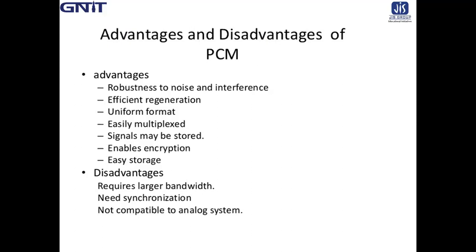Due to the digital nature of the signal, we can place repeaters between the transmitter and the receiver. And the drawbacks: PCM needs a large bandwidth as compared to other systems. And the encoding, decoding and quantization circuits are complex. In that circuit, synchronization is needed.